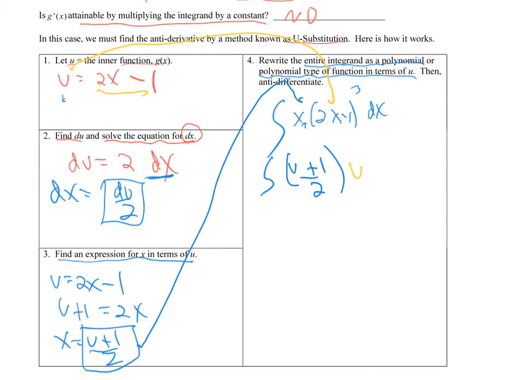U to the third power. What's another name for dx? Here you go. Dx goes here. I don't want to put all that there, let me erase that. Let me put it on top. Du over 2.